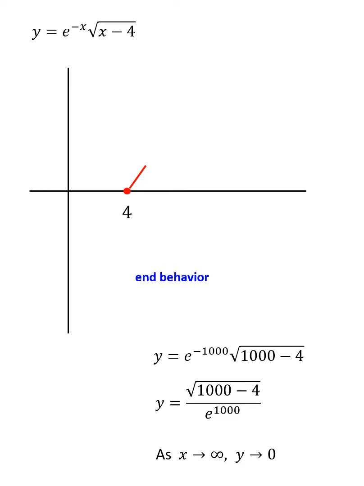Now looking at the graph, what that means is that the x-axis is going to be a horizontal asymptote of this graph, which is just a pictorial representation of the fact that we discovered by plugging in 1,000. Namely, that as x gets bigger and bigger and bigger, y gets closer and closer to 0, or becomes a very, very small number.